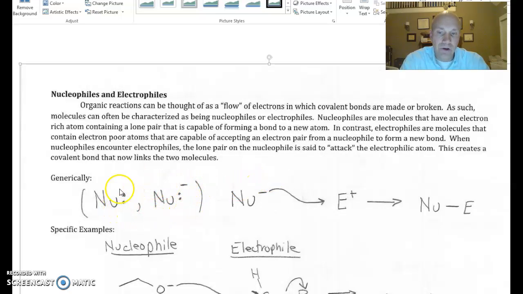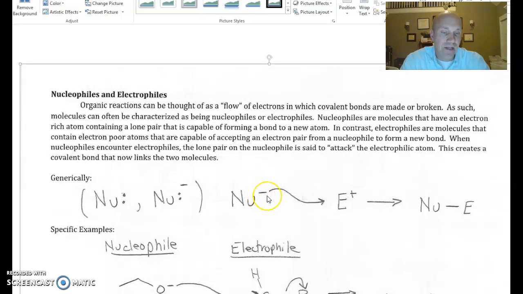We're going to talk about some specific examples in just a little bit, but we could also talk about these generically. A common way to show a nucleophile, or just to represent it, is to say Nu with a negative charge. What that negative charge represents is that it could be negatively charged, but it also could be neutral.